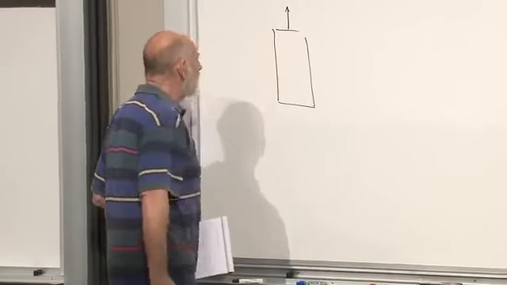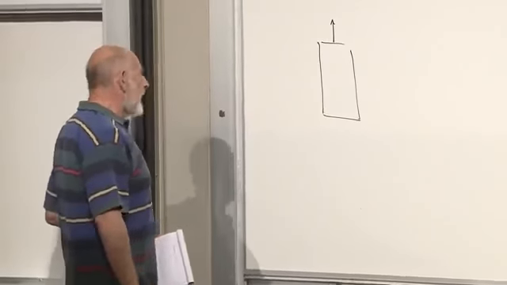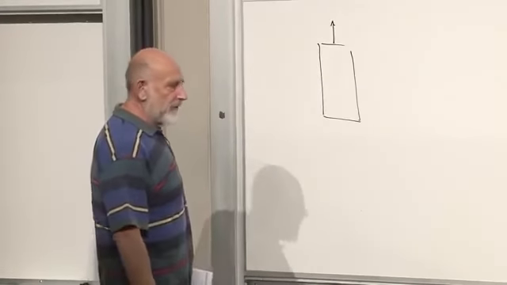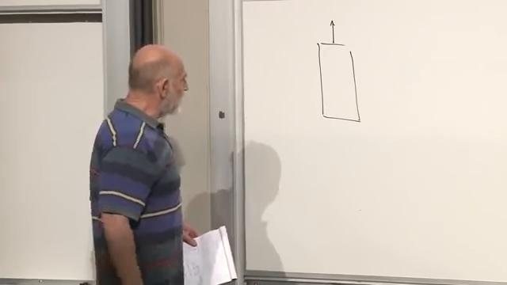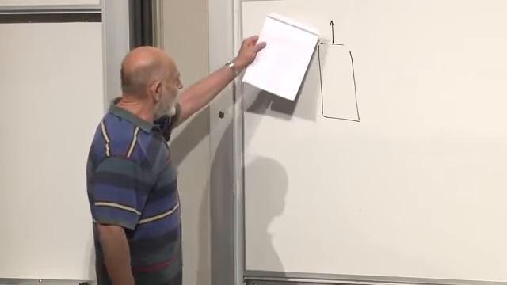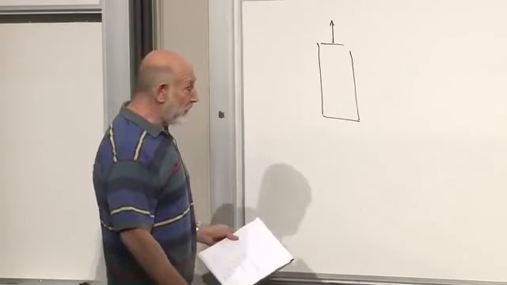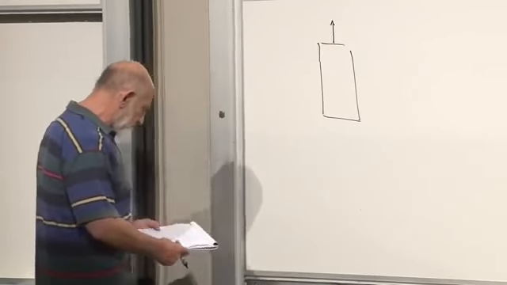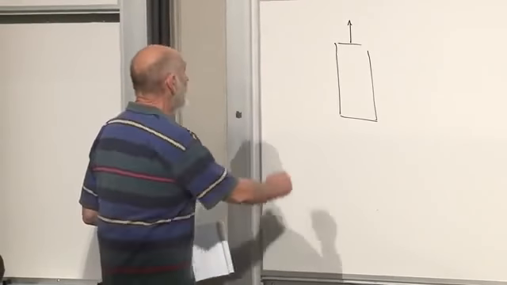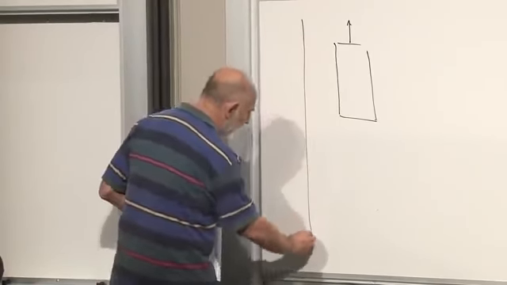An elevator is moving upward. It may be moving downward, in which case this velocity vector here is negative. But let's draw just a velocity vector. This is not a cable pulling it up, or it could be a cable pulling it up, but it's just a velocity vector. Okay, the velocity vector is up, and there are two coordinate frames.